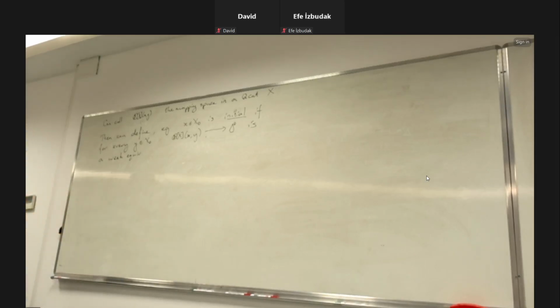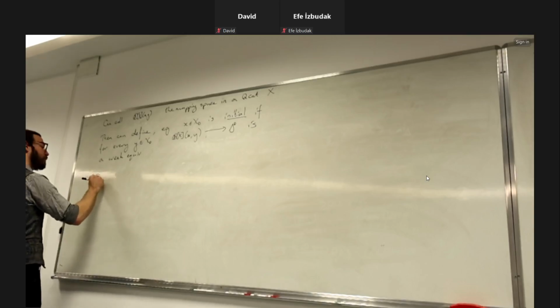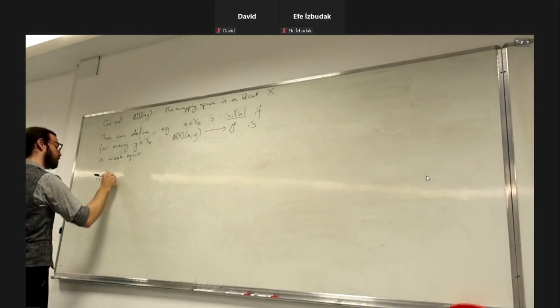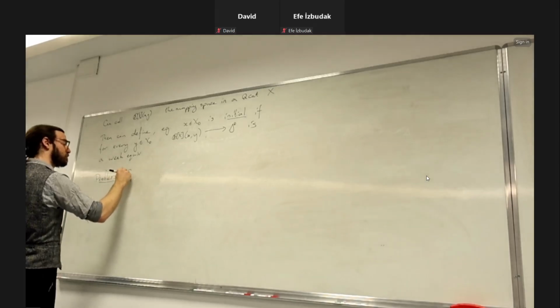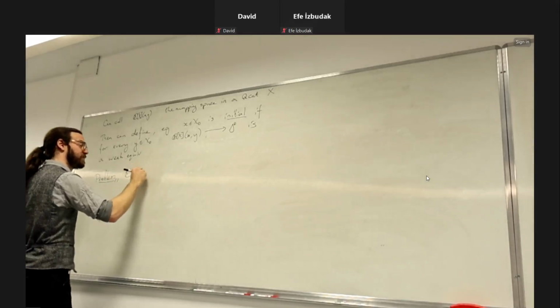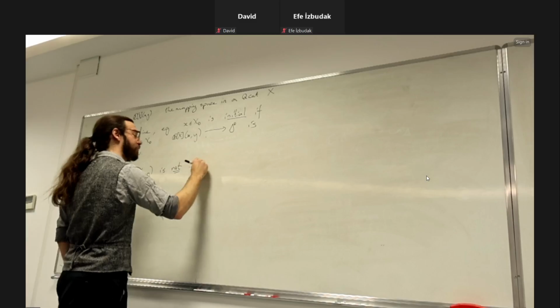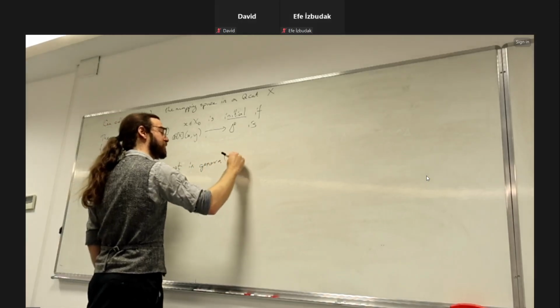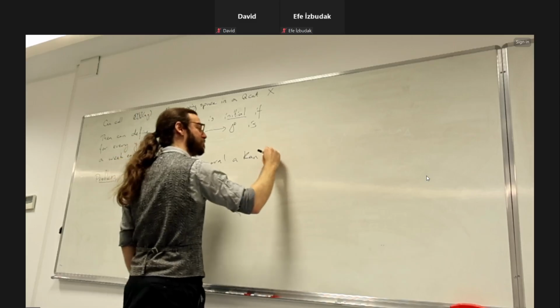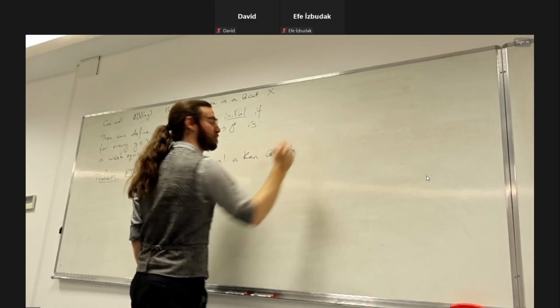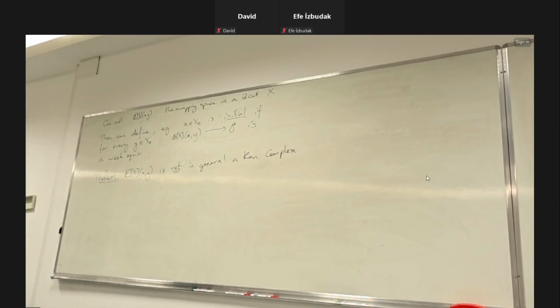And then the last thing that I want to say is to raise a slight issue that we will deal with in the next two talks, namely the following problem. C x xy is not, in general, a Kan complex, which makes it somewhat hard to do simplicial homotopy theory with it.